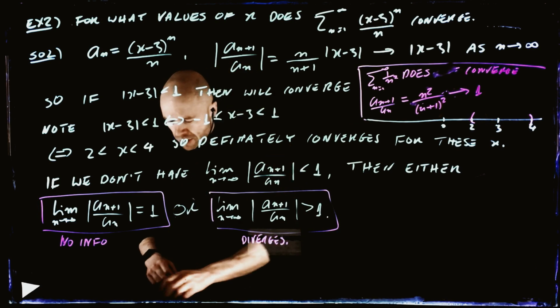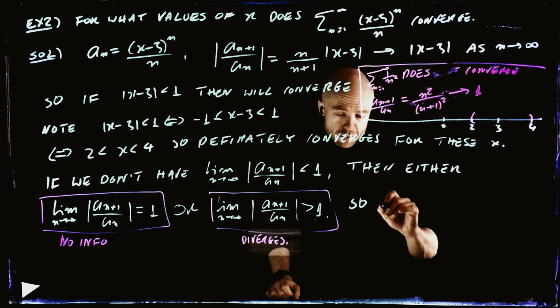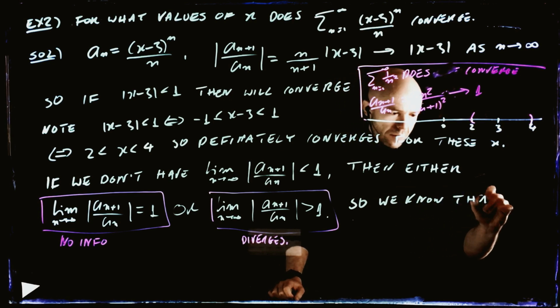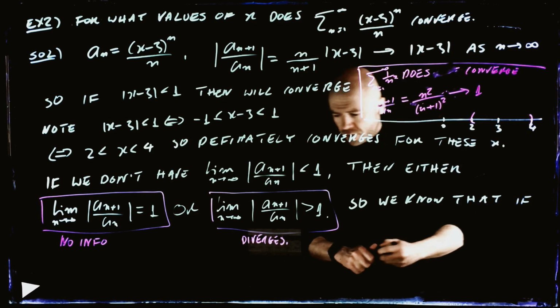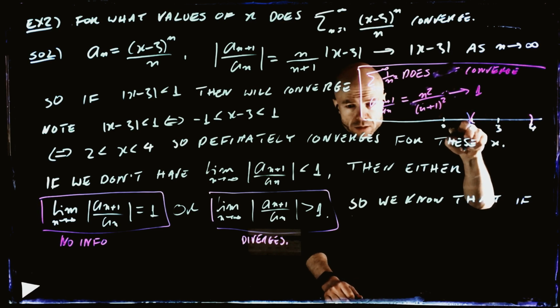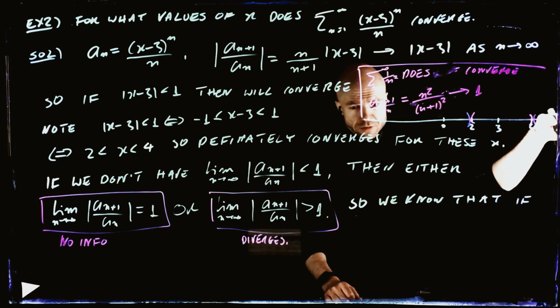So let's write down what we actually know. If x is strictly outside of this interval, so if it is between minus infinity and 2, strictly less than 2, or between 4 and plus infinity, strictly bigger than 4, then it doesn't converge.